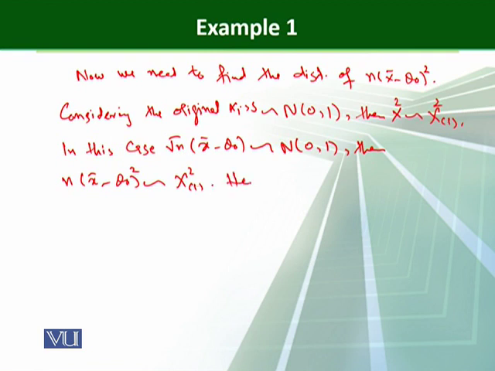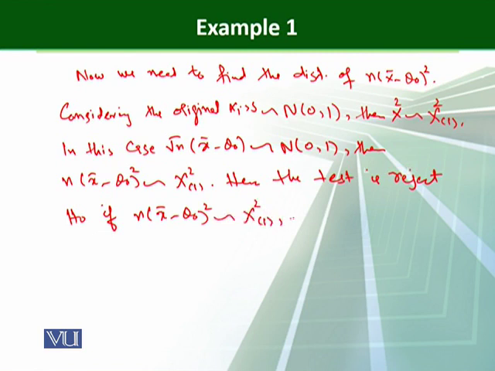Hence the test is: reject H0 if n times x bar minus theta naught squared exceeds the chi-square critical value with 1 degree of freedom; otherwise, accept it. So that is the procedure for how we can use the likelihood ratio test and how we can determine the critical region and so on.